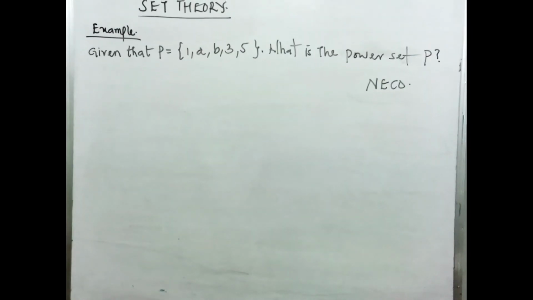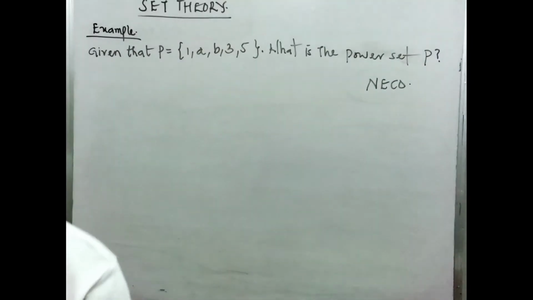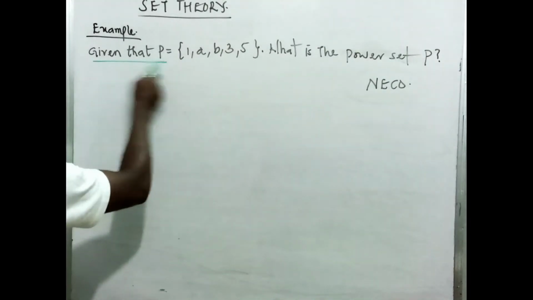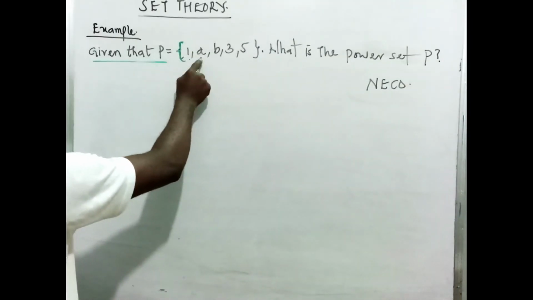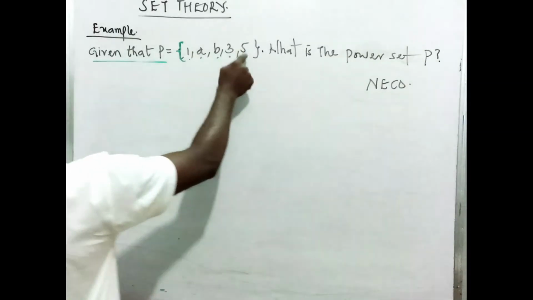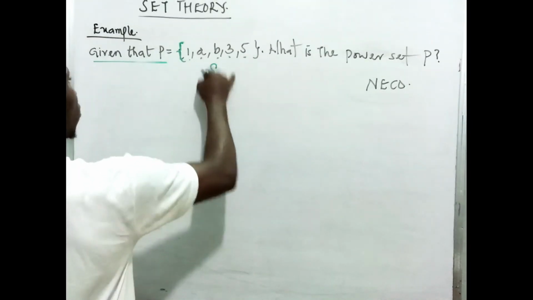So going further, we have this question here. The question says, given that P is equal to {1, A, B, 3, 5}, what is the power set of P? Solution.